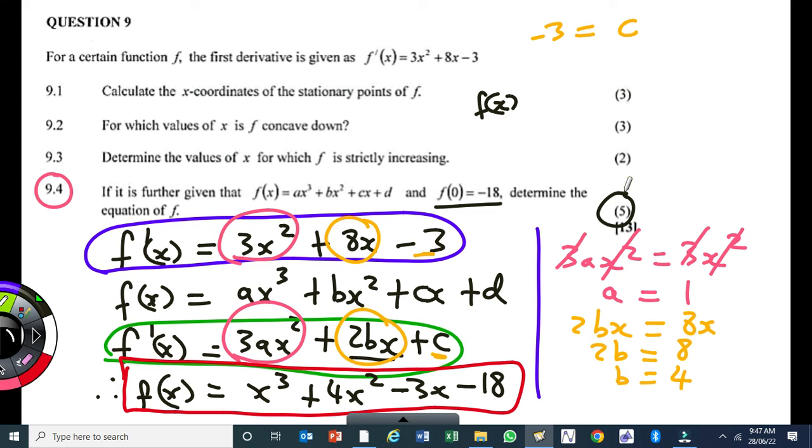Those 5 marks should tell you that you need to do some working out. Then why did they write in the question to show all working? Yeah, it's written on the first page, under instructions, when you write your paper. I hope you know this. If you're not aware, please be aware of this.